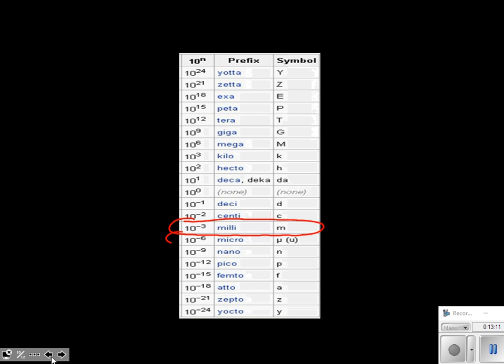Here's micrometers. And notice that micro is abbreviated like that, that little funky looking U with the long tail.